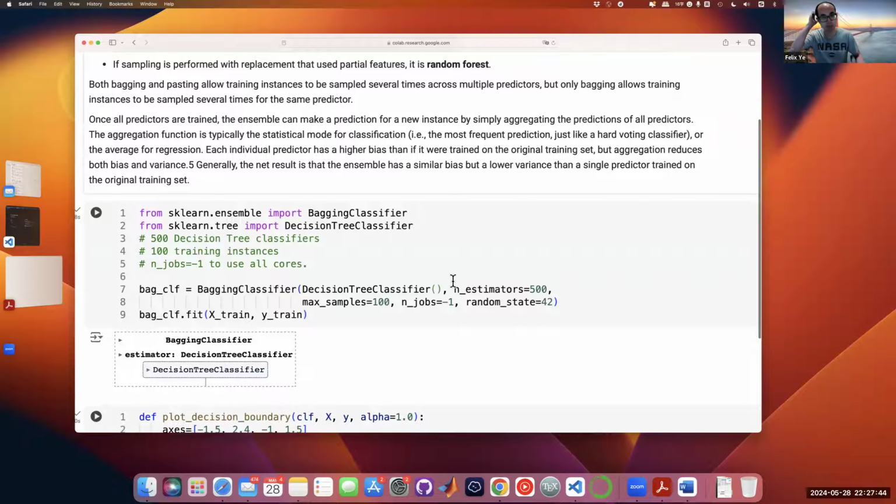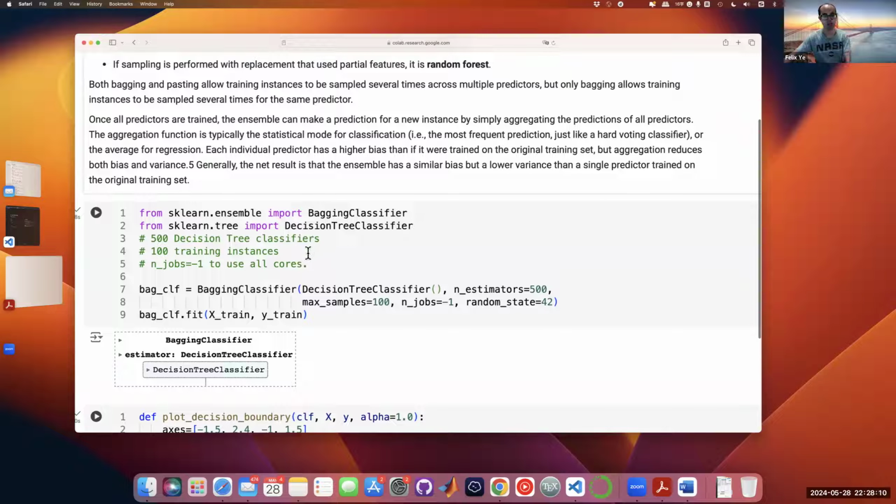So what we can do is build a bagging classifier. I'm going to create 500 decision tree classifiers without specifying any depth for the decision trees. That means we surely know this will have overfitting, but that's okay.